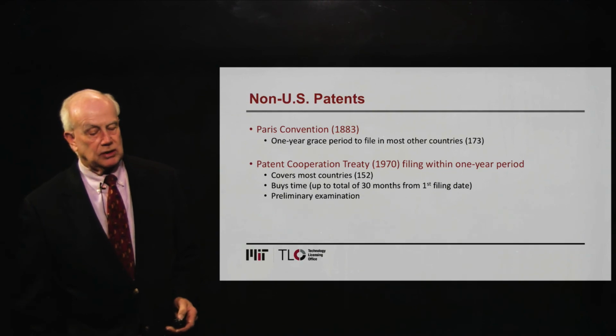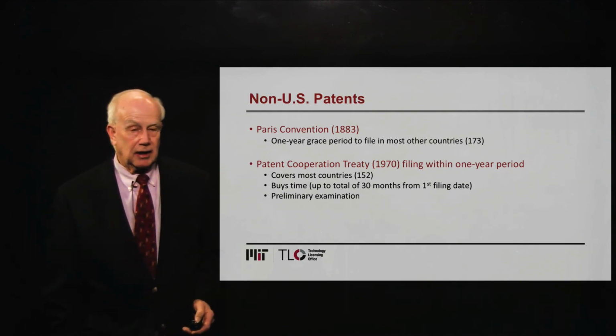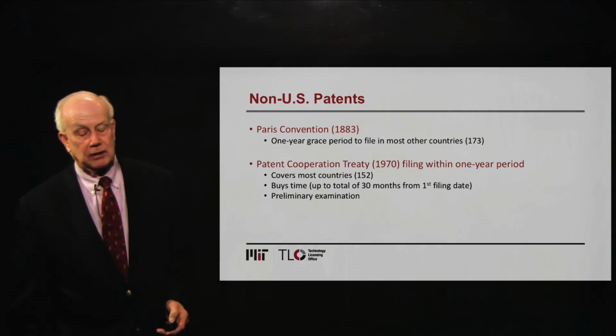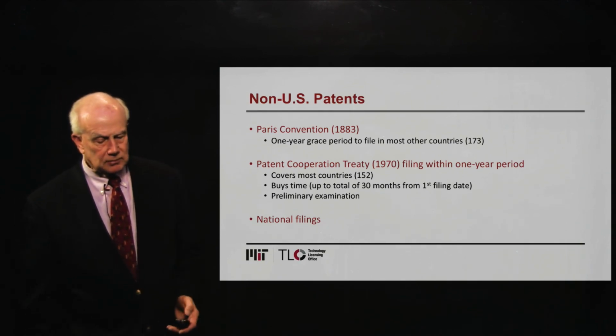The Patent Cooperation Treaty application receives preliminary examination and a report from the receiving office that gives you some clue as to whether a patent application in other countries will be allowed.